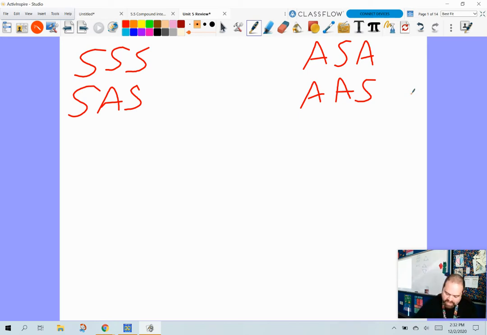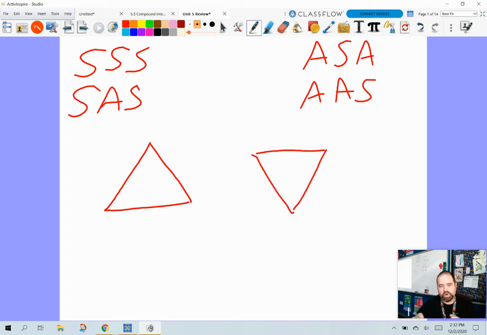So for side, angle, side, your triangles may not be oriented the same way. They're not going to be sitting up. You might have one flipped over, rotated, or whatever. But the idea is I've got two sides in each triangle marked. So something like this side's equal to this side, and this side's equal to this side.